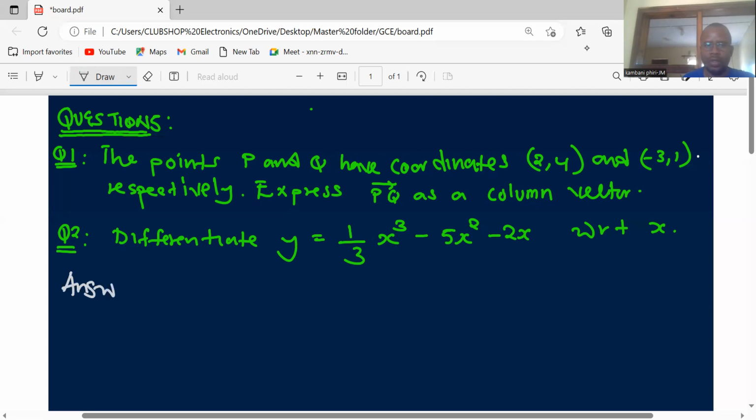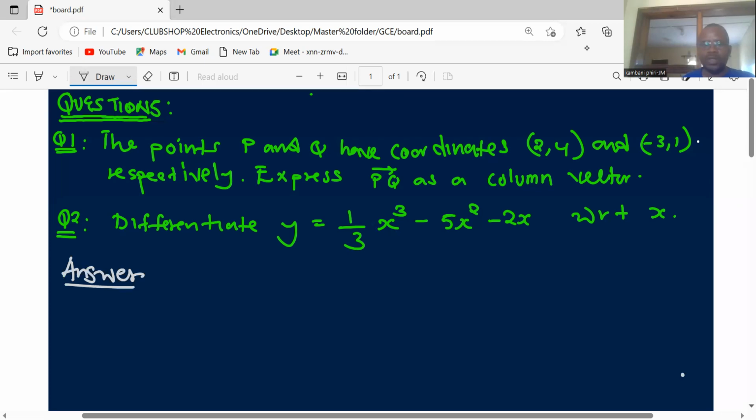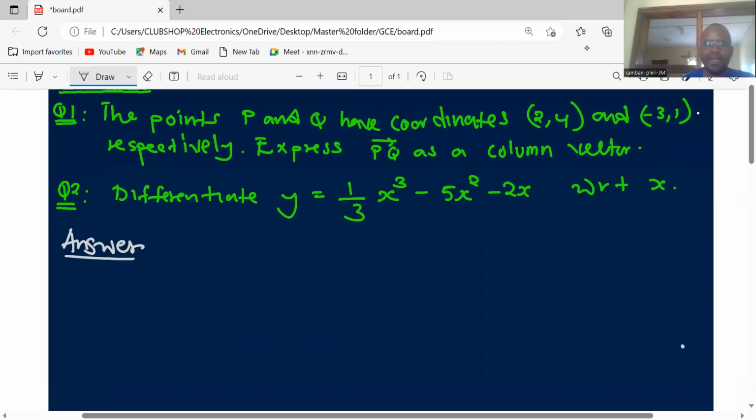Okay, so the first question reads, the points P and Q have coordinates 2,4 and -3,1 respectively.